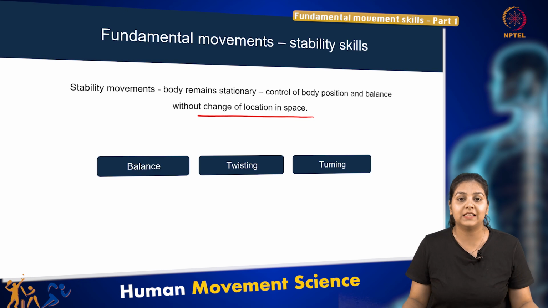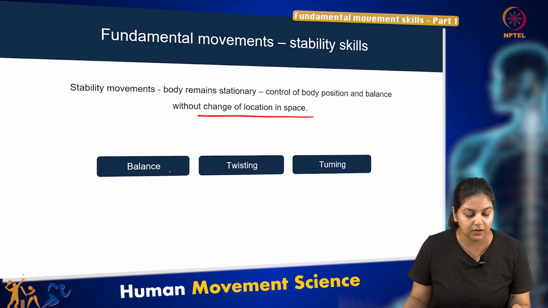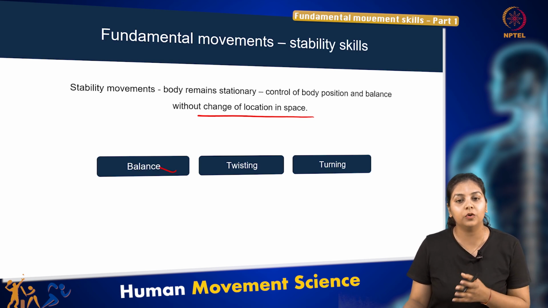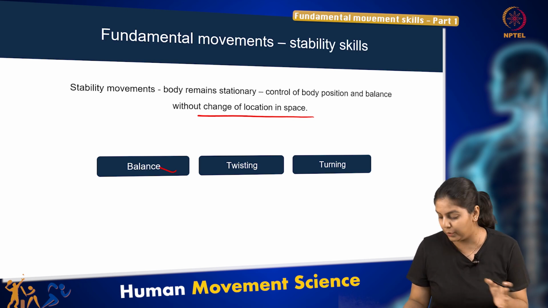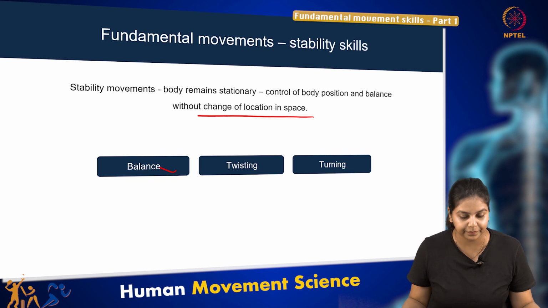What are some examples of these? Skills that need utmost balance, or twisting and turning. The underlying biomechanical characteristic of all these skills is the control of body position and balance.